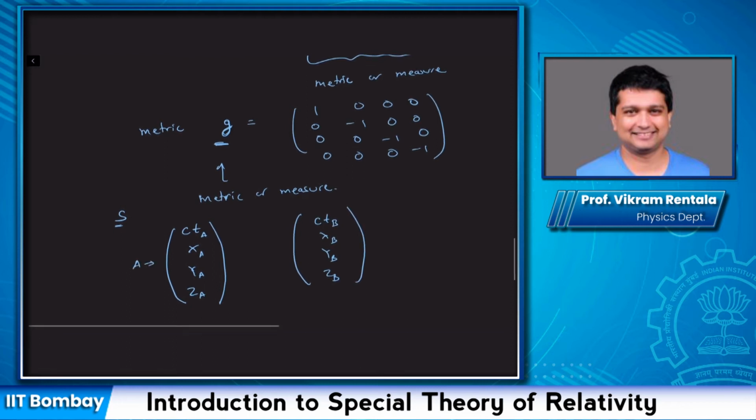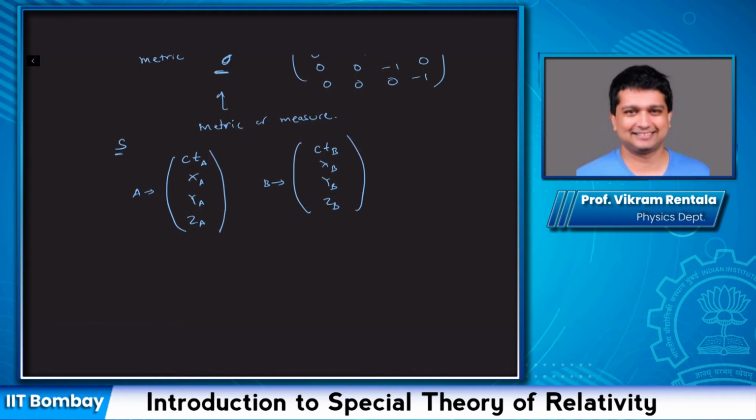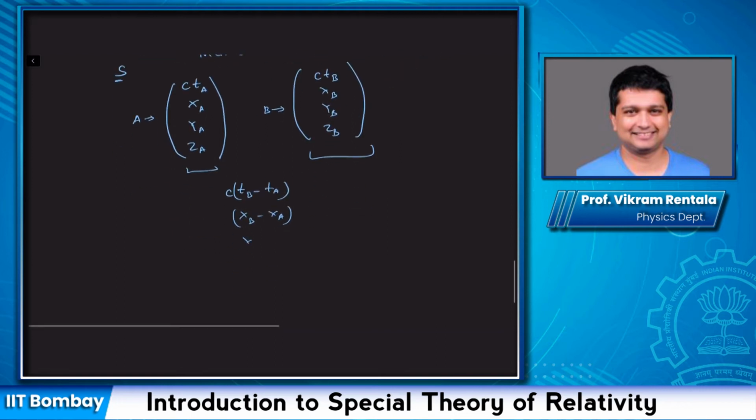This would be point A. This would be point B. And we would take the difference of these two column vectors. That is, we would construct this quantity.